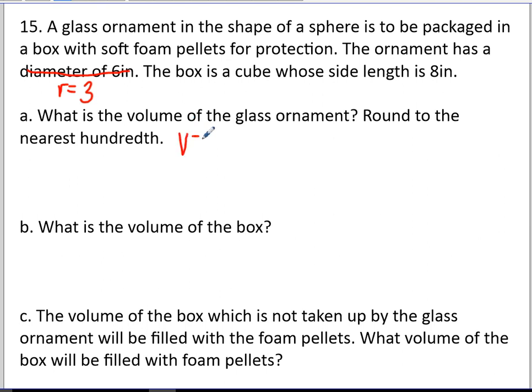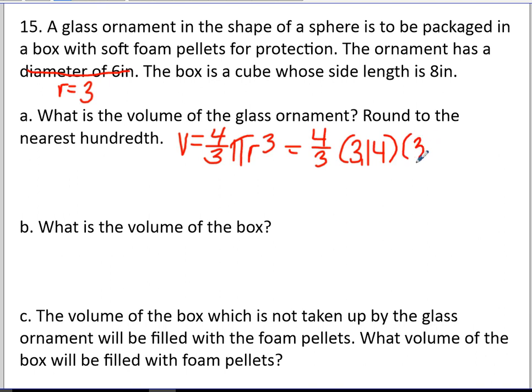V equals 4/3 pi r cubed. So we'll do 4/3 times 3.14 times 3 to the third power, or 3 cubed.